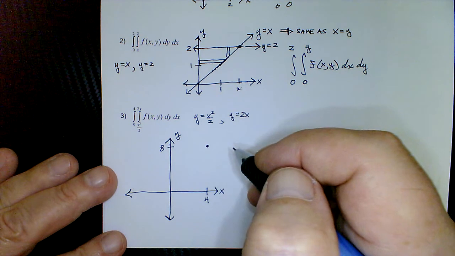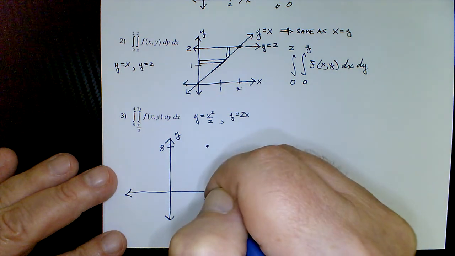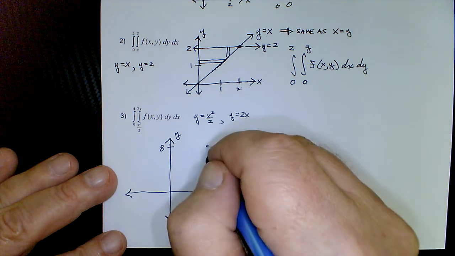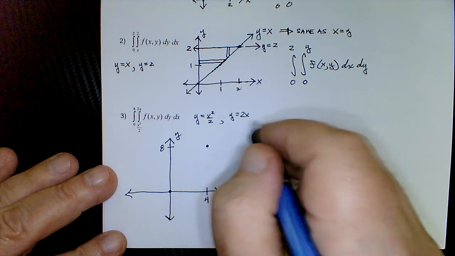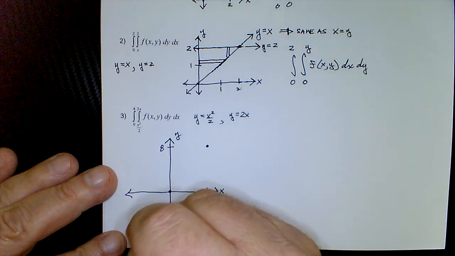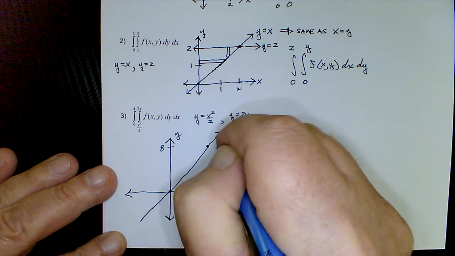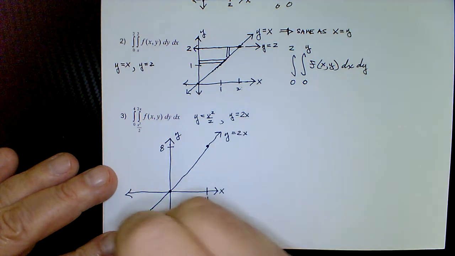That's going to be a point on the parabola. And then, if you look at the point on the line, if x is 4, 2x is 8, that's the same point. We know the line passes through the origin, because there's no y-intercept. So let's draw that. Okay, so that's our line, y equaling 2x. And then the parabola.